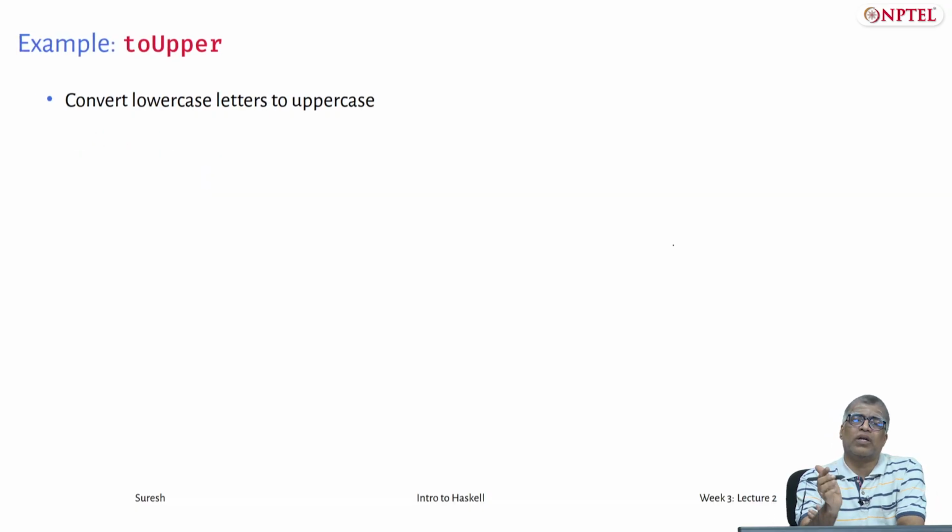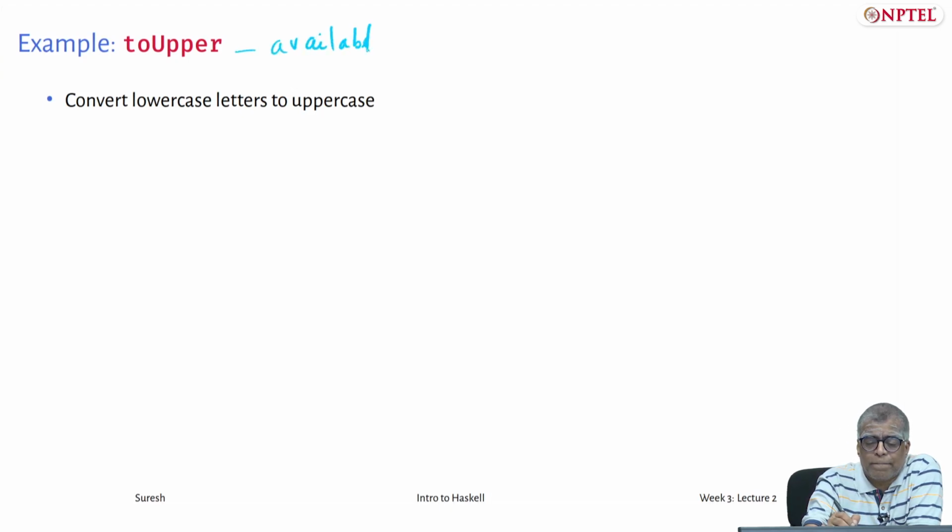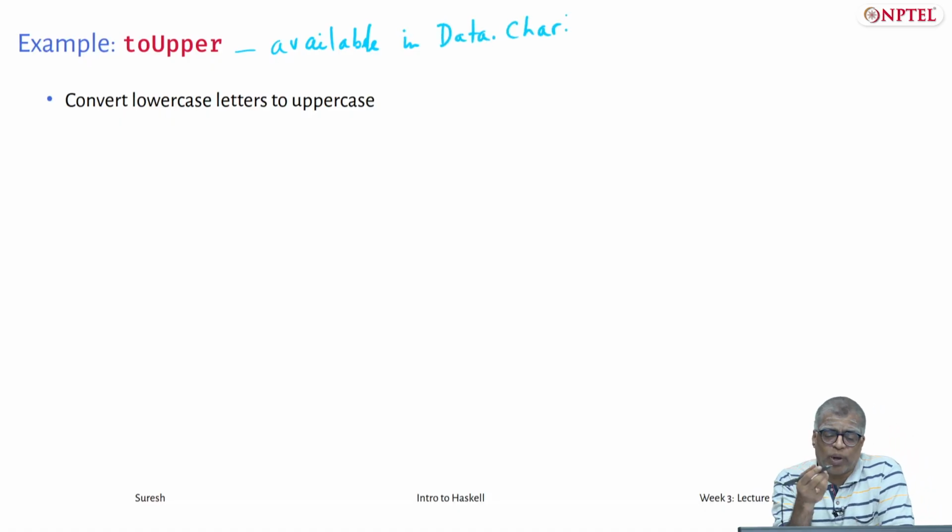Okay, so here let us look at writing a function on characters. This is a simple function. It should convert lowercase letters to uppercase letters, but only if the letters are between small a to small z. toUpper is actually a built-in function available in Data.Char, but we will try to see how you can program this.